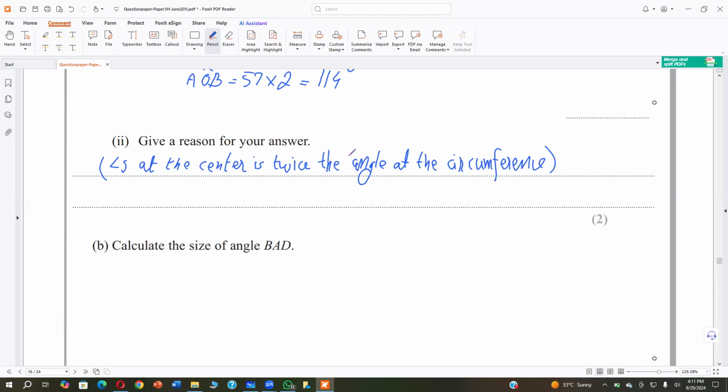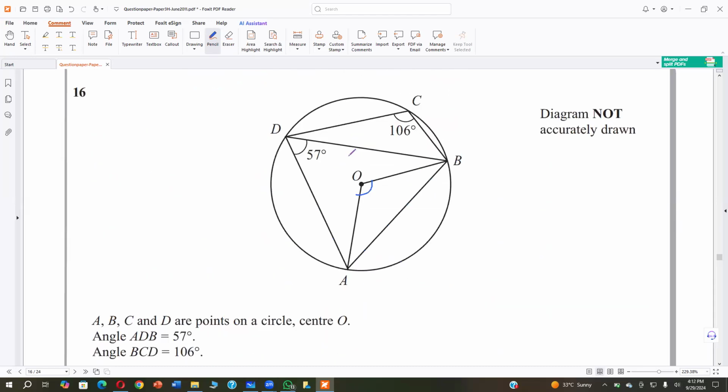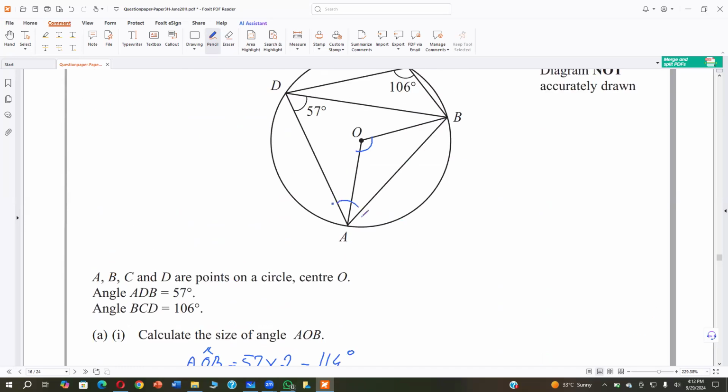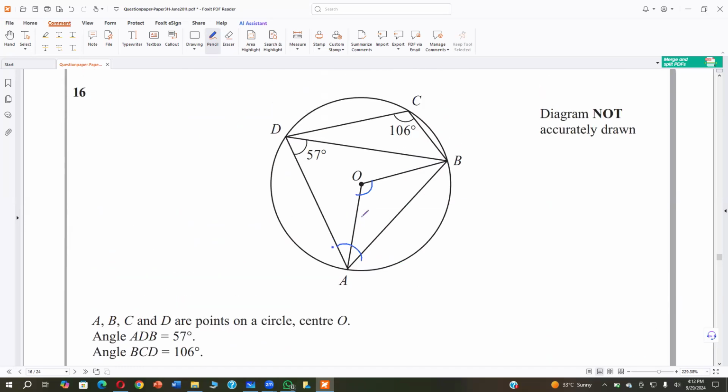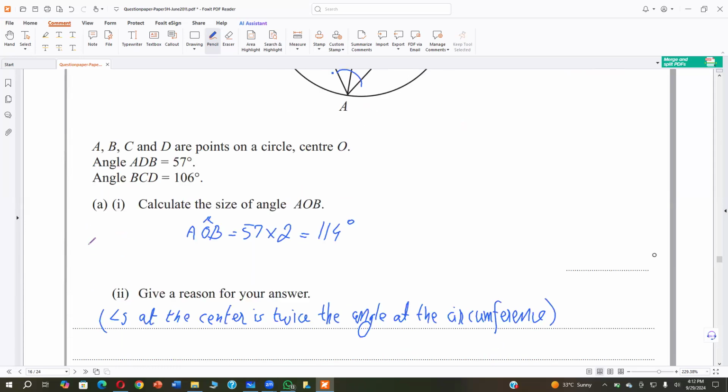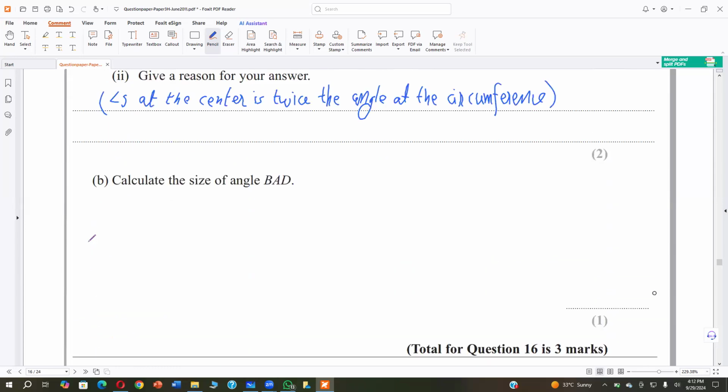Calculate the size of angle BAD. This is BAD. So can we look for the property? It's a cyclic quadrilateral. Opposite angles in a cyclic quadrilateral always sum to 180.